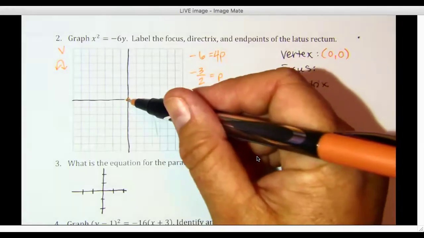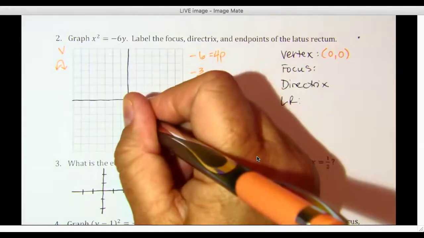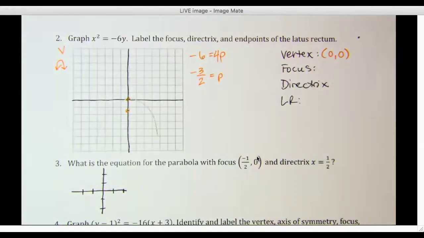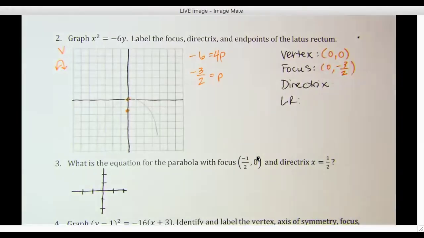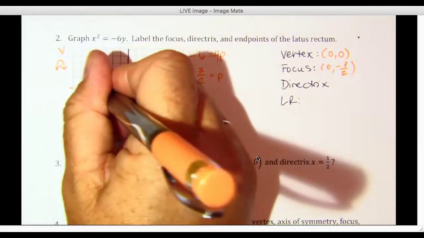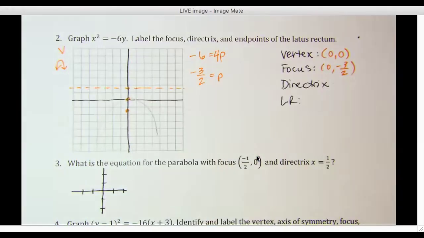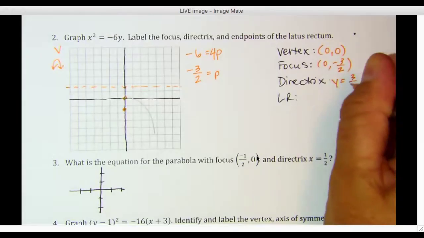My focus is going to be inside the curve. My curve is going down, so my focus is 1.5 this direction, or 3/2, at 0, -3/2. And then my directrix will be 1.5 this way, the horizontal line behind my curve, and that's y equals 3/2.